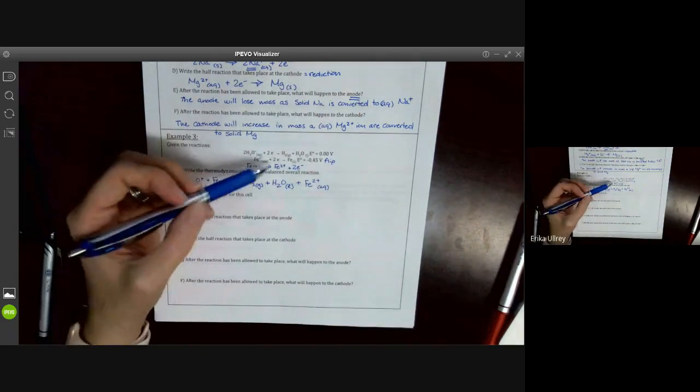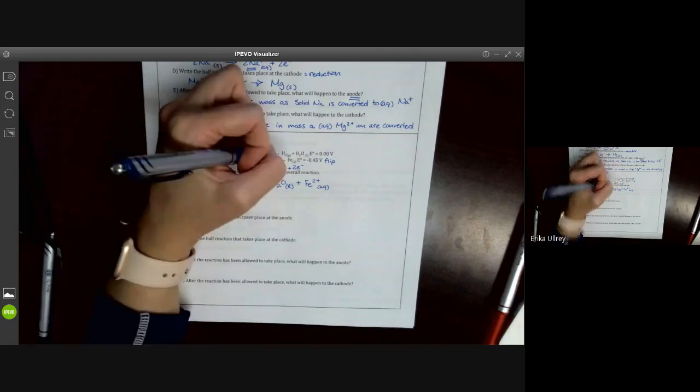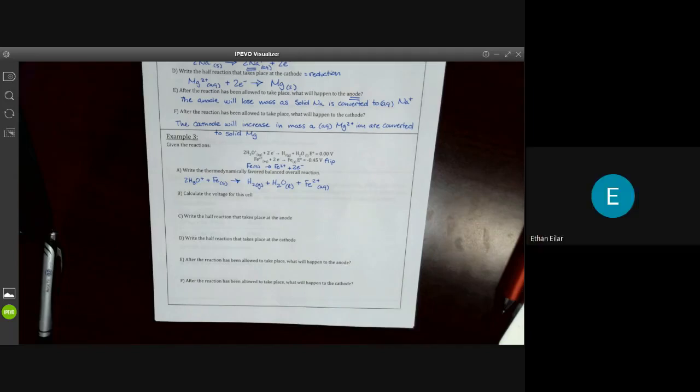Okay, we didn't have to multiply anything because we have the same amount of electrons, right? 2 electrons and 2 electrons, so they would cancel. All right, so what would be the overall voltage for this particular cell? Ethan, what would be the overall voltage of the cell?